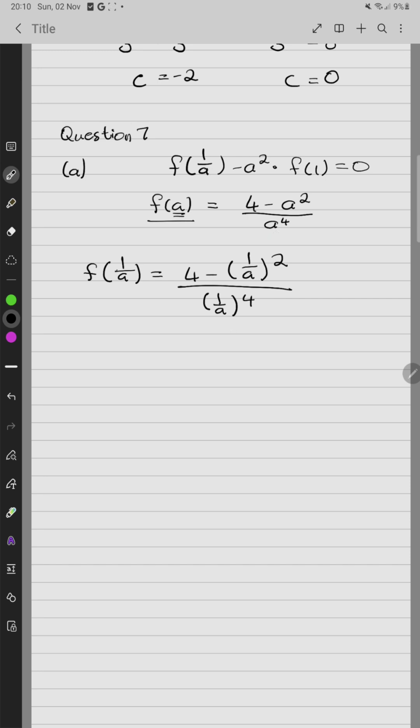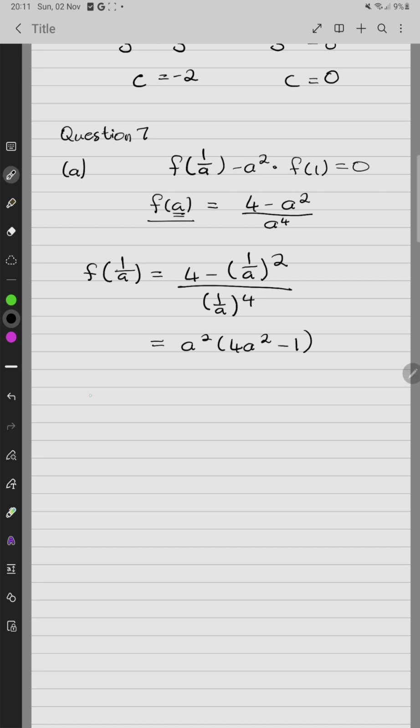Not too hard. And we can simplify that. I'm going to jump straight to the simplification because I hope by now you can do the algebra. You will end up with a squared times 4a squared minus 1, once you simplify.